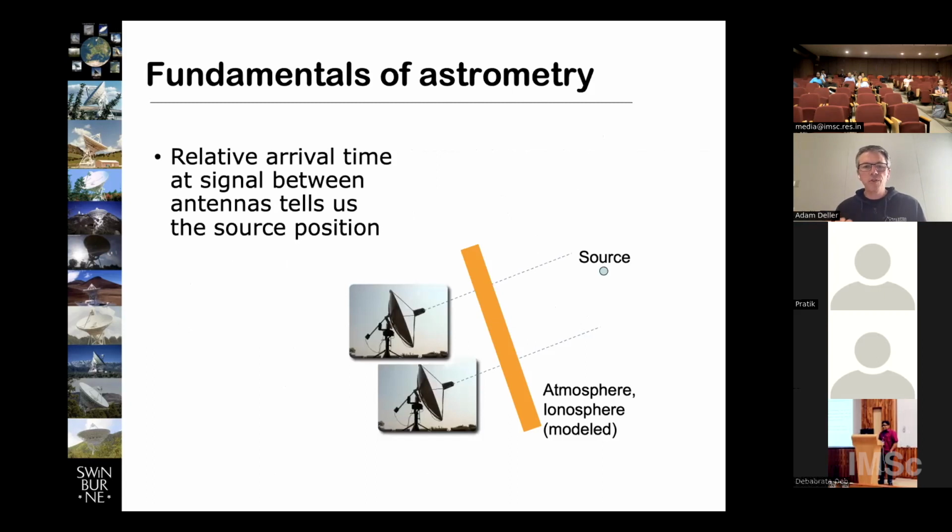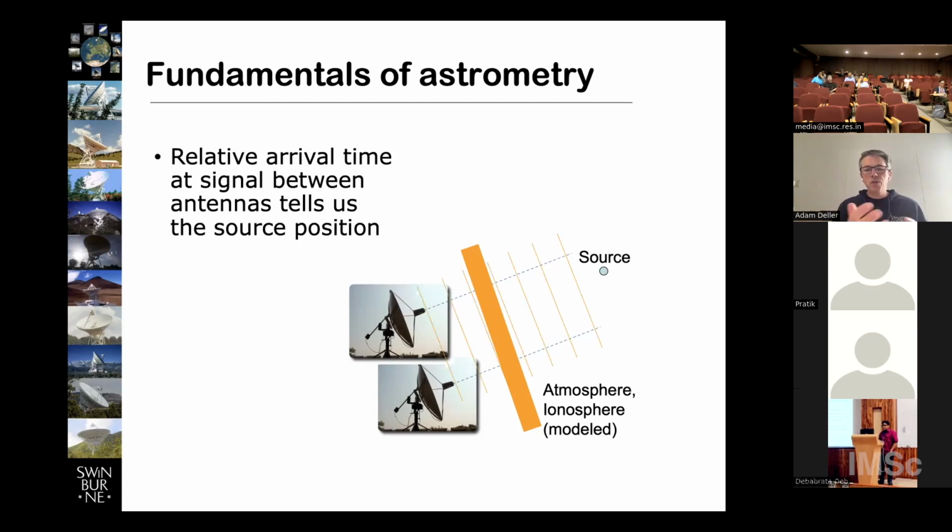So just to visualize how this works, essentially the relative arrival time of a signal from a celestial source between a pair of antennas encodes the position of the source in one dimension, in this simple example, on the sky. And of course, in a real interferometer, we have many pairs of antennas, and we observe for a long time, and we get many constraints that way in order to nail down the position more precisely. But we can illustrate all of this just with a simple 2-element interferometer.